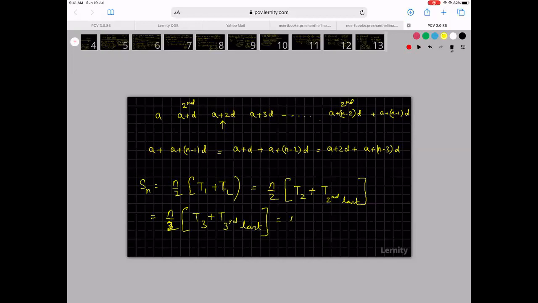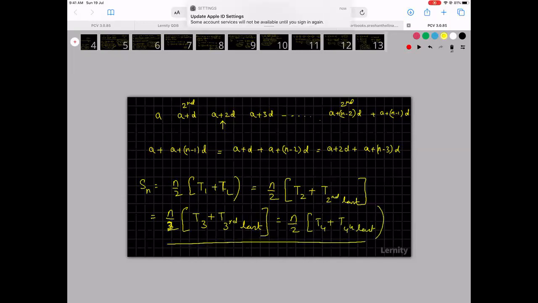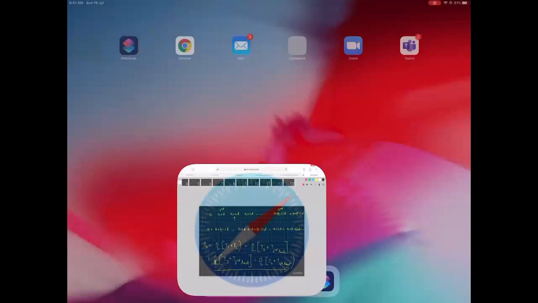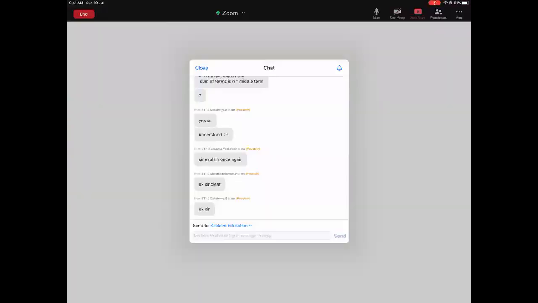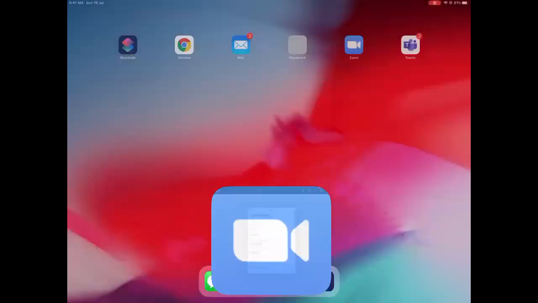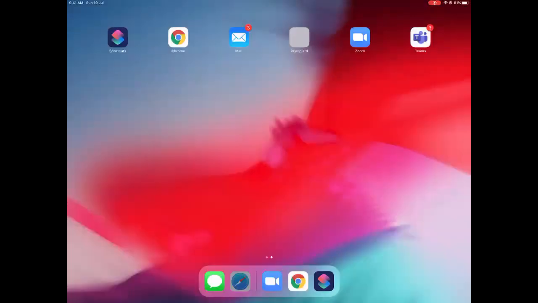This is also equal to n by 2 into t4 plus t fourth last. And it keeps going on like this. So this is what I am trying to say. Okay, good.